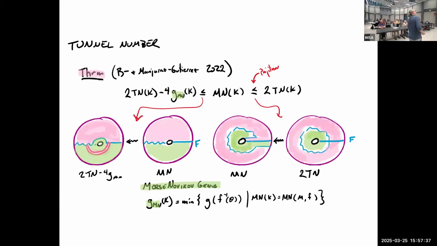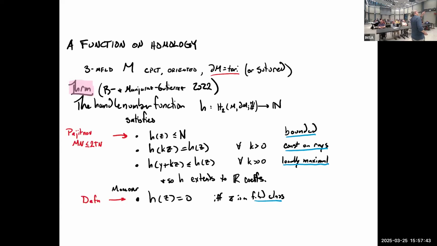So this was a slight illustration here about the tunnel number, this upper bound that we got. In fact, what motivated this investigation was when Pajitnov, who introduced me to this idea of Morse-Novikov numbers, asked Fabiola if there was a more geometric proof of an inequality he had proven, that the Morse-Novikov number was bounded above by this kind of Heegaard genus count, the tunnel number of a knot.